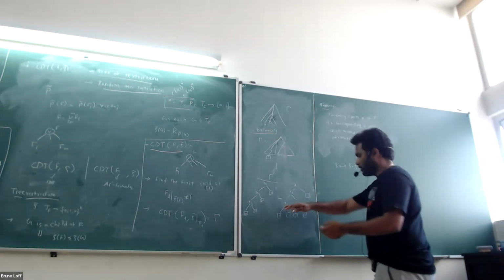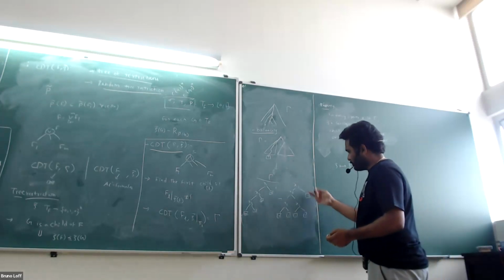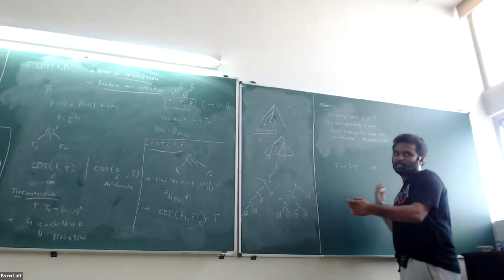All the leaves at this level are taken care of. You go here. Then what is the lowest ancestor here? This one. You duplicate it. You get the complete tree.